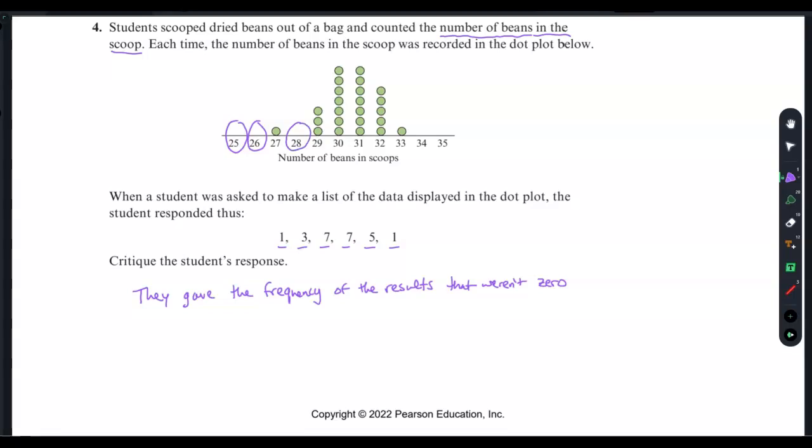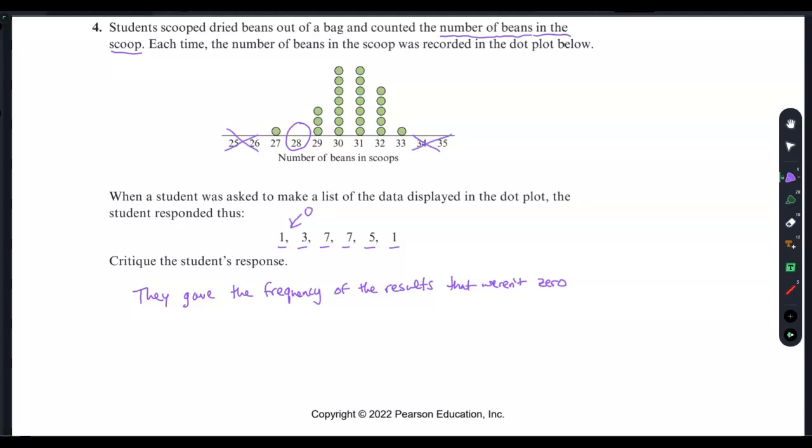I can understand not listing the values lower than the lowest or higher than the highest, but especially leaving that one out is a problem. When you say 1, 3, 7, 7, 5, 1, that makes it sound like that's the number of scoops for each one of these, but you left out 28. So at the very least, I would have liked to have seen a 0 there.